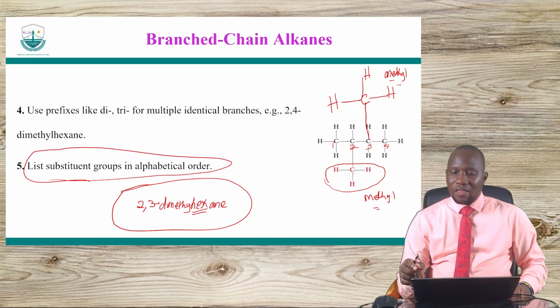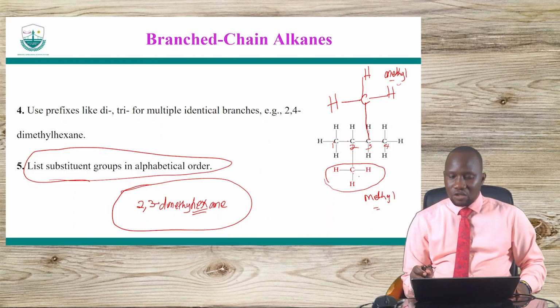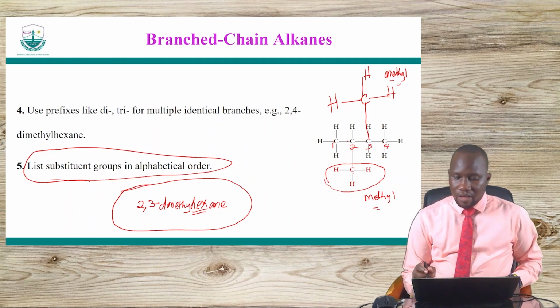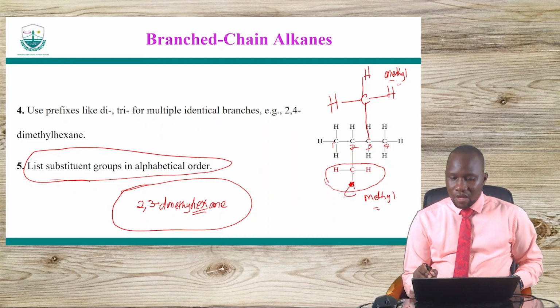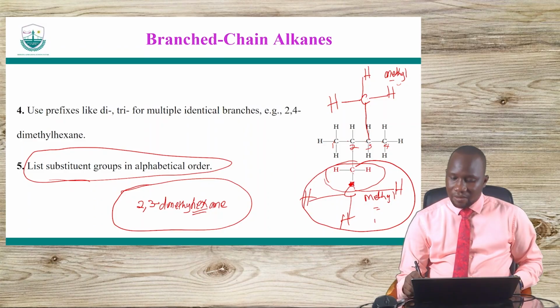So if actually this one is ethyl, it means that you're going to start with the ethyl before you come to the methyl. Assuming instead of this H, you have another carbon atom, with its own hydrogens, so this whole thing is 1, and it is ethyl instead of methyl.